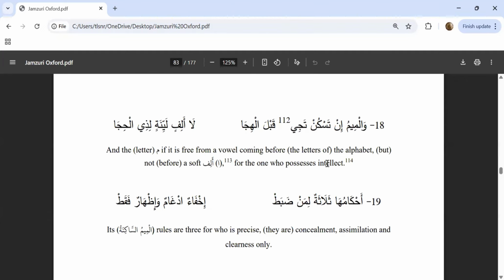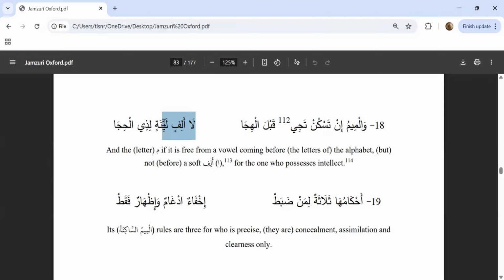He says, وَالْمِيمُ إِن تَسْكُنْ تَجِي قَبْلَ الْهِجَاءِ لَا أَلِفٍ لَيِّنَةٍ لِذِي الْحِجَاءِ. So he says, وَالْمِيمُ. So the meem, in taskun, when it is free from a vowel, taji, it's coming قبل الهجاء, before the letters of the alphabet, except what?